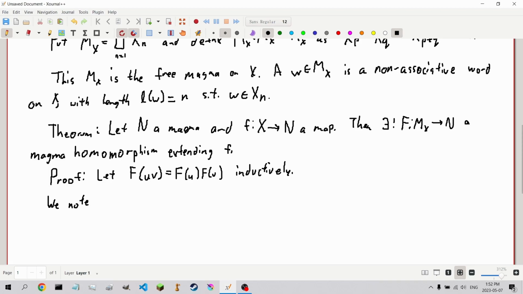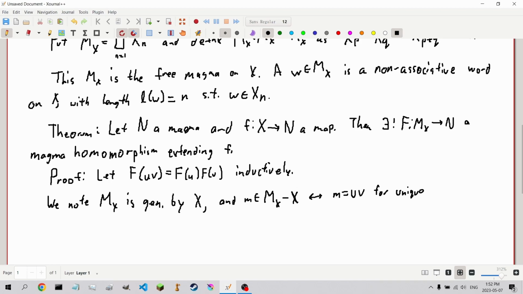And we will note that M is generated by X, and that m is an element of the free magma of X, outside of just the original X, if and only if m equals uv for unique u and v.